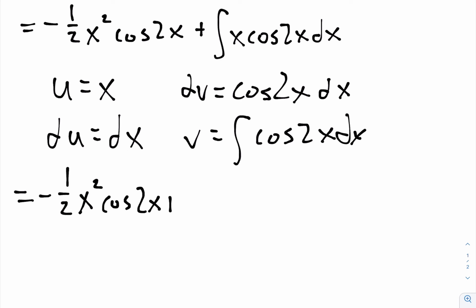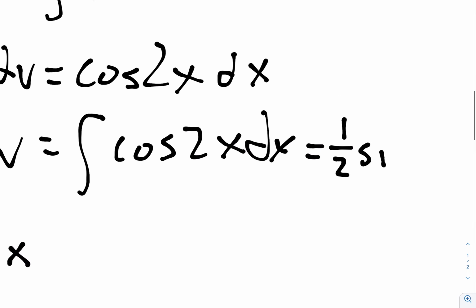And since we're adding this integral here, instead of calling this integral the same thing, we can just call it the integration by parts version of it, which is u times v, right? So our u is just x, and our v, the integral of cosine 2x dx, that's just going to be 1/2 sine 2x, right? Just your substitution rules.